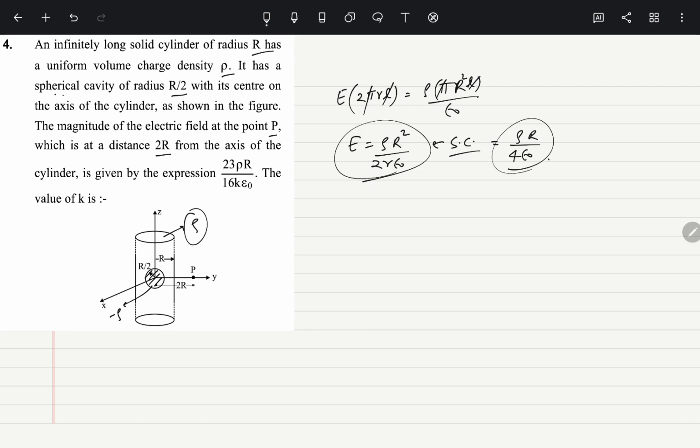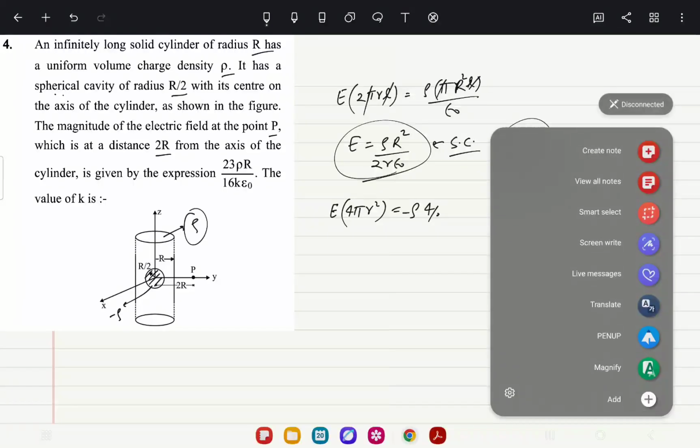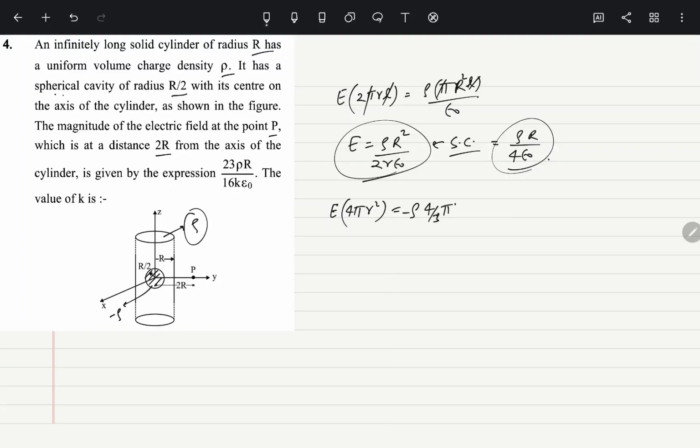Now the electric field due to the solid sphere. Again Gauss law: E into the surface area of the spherical Gaussian surface, which is 4 pi r square, equals minus rho times 4 by 3 pi r cube divided by epsilon naught. The 4 pi cancels. Since the radius is r by 2, r cube becomes r cube by 8, so we get minus rho r cube by 24 epsilon naught into r square.